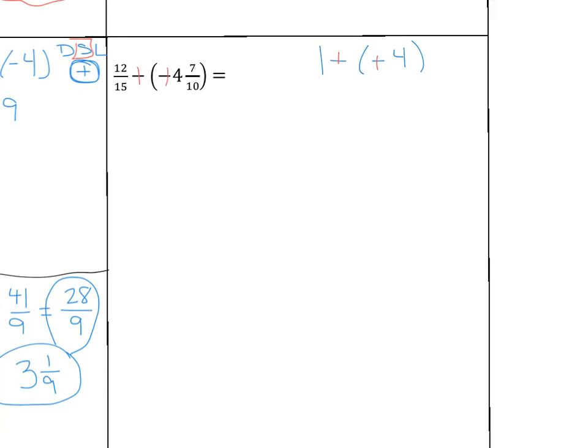And I'm going to go ahead and set up my problem with least common denominators. So I'm going to start with 12/15. I'm going to have 4 7/10. My least common denominator is going to be 30, which means my 15 needs to be multiplied by 2 along with the numerator. My 10 needs to be multiplied by 3 along with its numerator.